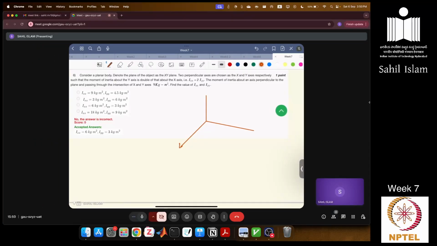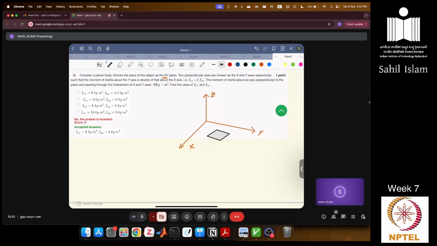So we are told that there is a planar body. Let's say these are the x, y and z axes, and the plane of the object is the xy plane. So this is, let's say, the object, in the xy plane.